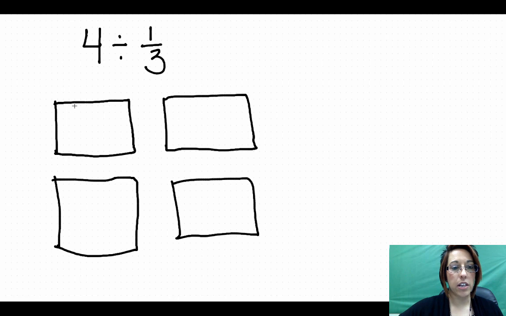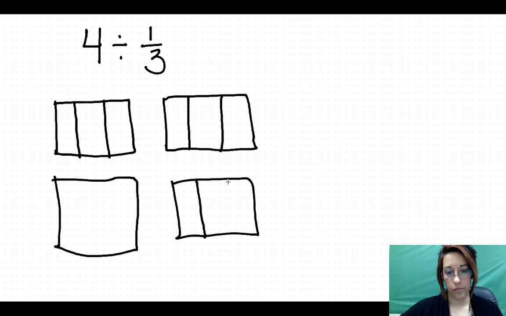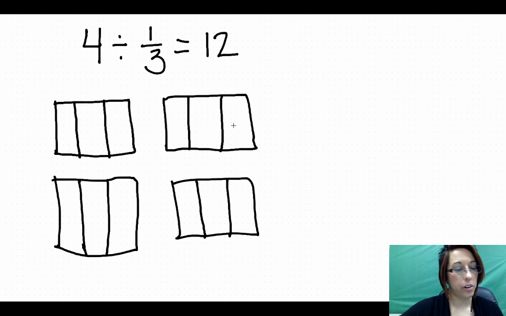And we're going to divide each of those 4 into thirds. And then we count our sections, so 3, 6, 9, 12. That makes 4 divided by 1/3, the whole number 12.